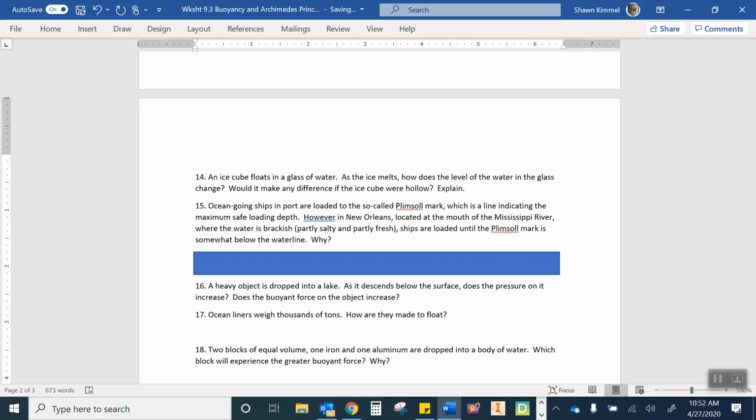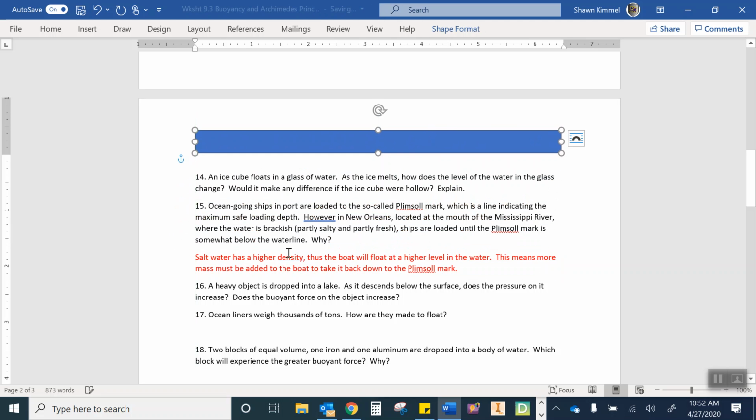Why? Let's talk about what's happening. They're ocean-going ships, meaning they're going from fresh water into the ocean. And we know that salt water has a higher density. Thus, the boat is going to float at a higher level in the water.